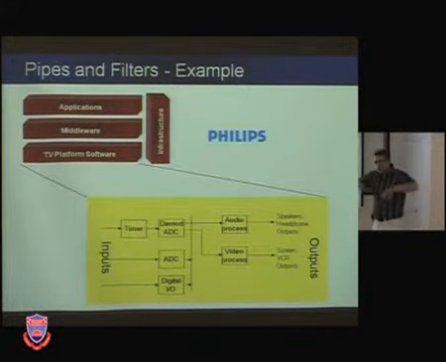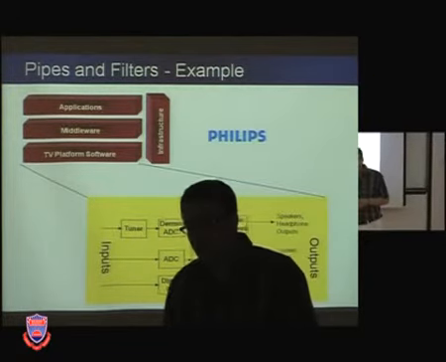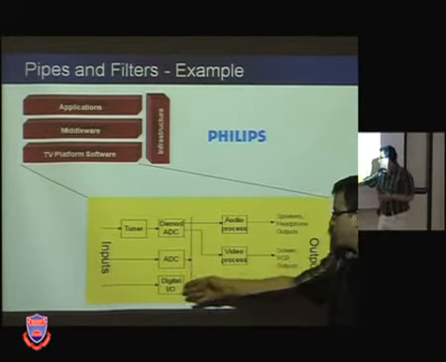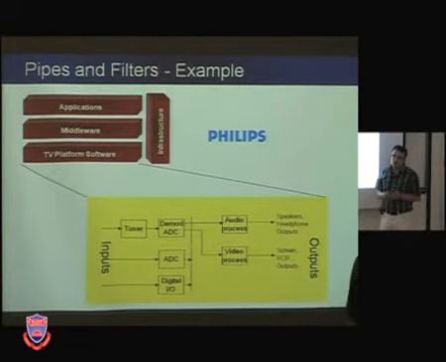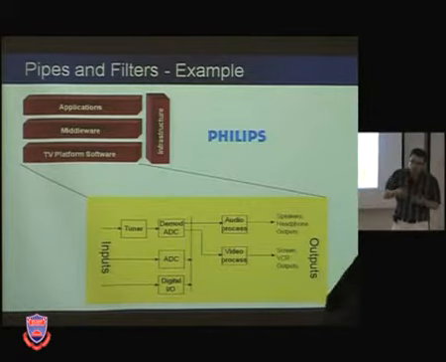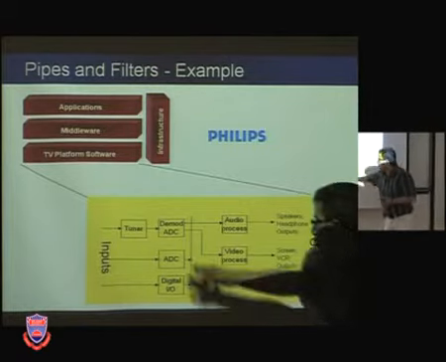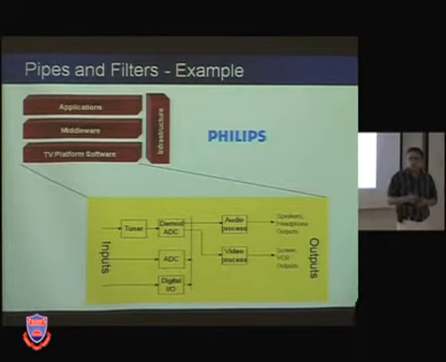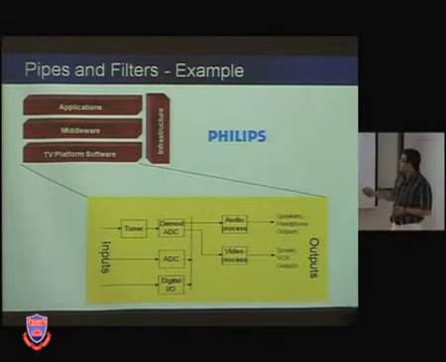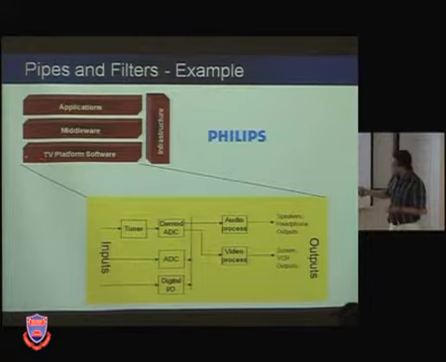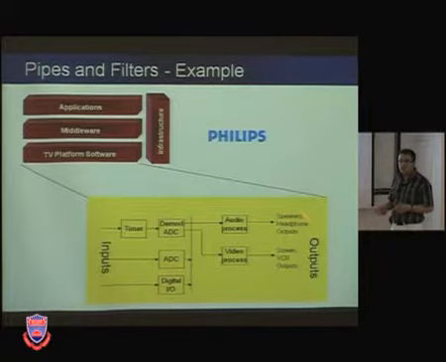They are all different filters. Each of these is independent of the other filters. All it does is get the input, process the input, and put it to the output. So the top level decomposition is layers, and if we just look at the TV platform software layer, it appears to be a pipes and filters structure. Here we could have other patterns too, but this is just one example.